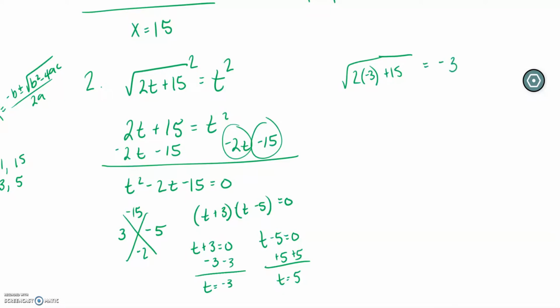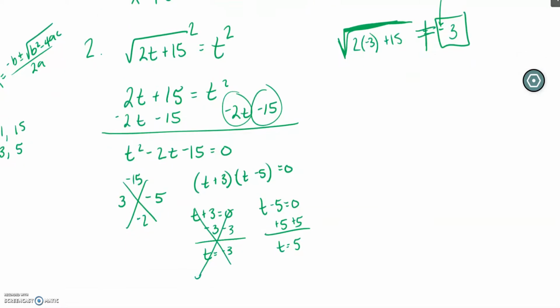All right, with this one, you don't have to go any further to know why this is extraneous. Do you think you know? It's because a square root cannot equal a negative. A square root cannot equal a negative number.